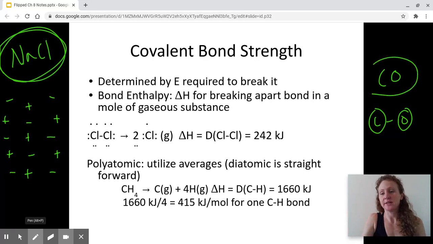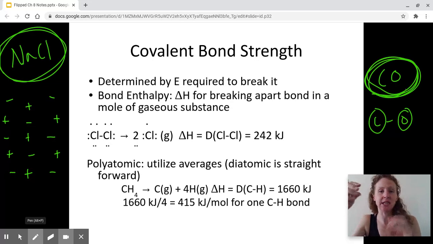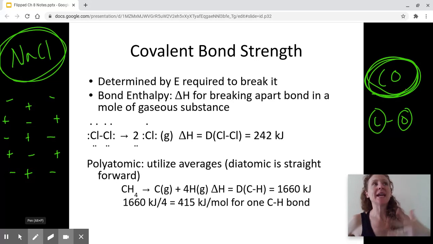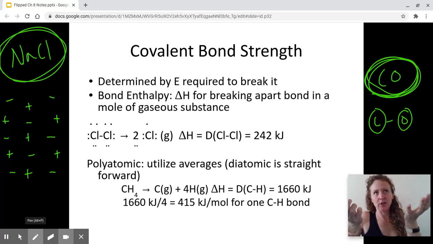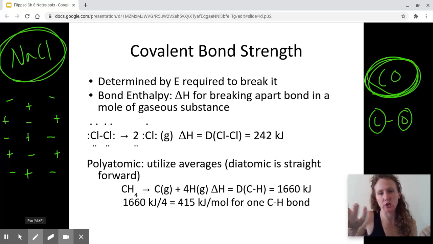We call this a covalent molecule because it indicates that it's a discrete or individual molecule that's not attached to a whole bunch of things. The atom count is actually 1-to-1, whereas the atom count in sodium chloride is not actually 1-to-1. So lattice energy and bond enthalpy are basically the same thing. They're just describing the energy to break one bond inside a lattice versus the energy to break one discrete bond.